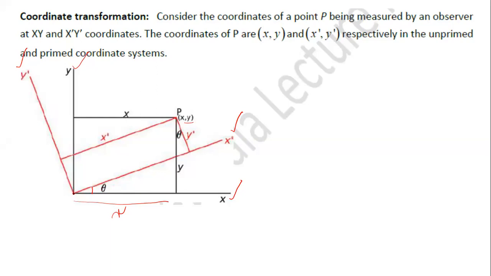But they both have the same origin. The only difference between these two coordinate systems is that the prime coordinate is slightly rotated by an angle of theta.